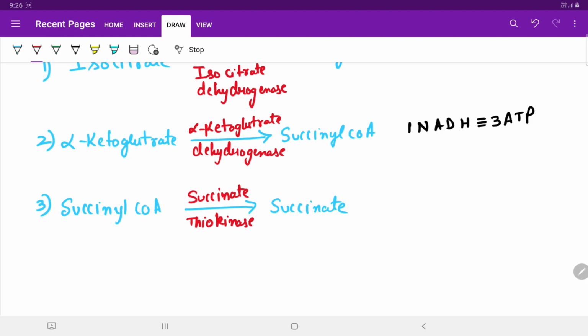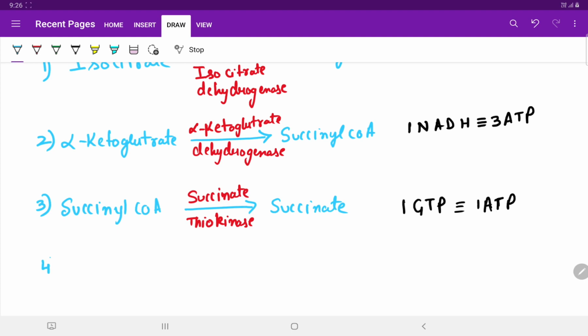That is leading to liberation of one GTP molecule that is equivalent to 1 ATP. So these are energy equivalents to each other.